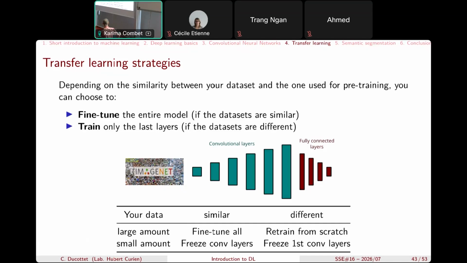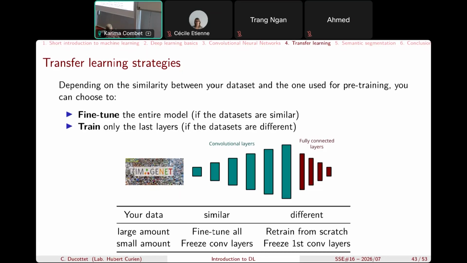Different from ImageNet. Yes, it could be different from ImageNet, but I guess this one was also different from ImageNet. So if you have a large amount of data, yes, it depends if the classes are different or similar.